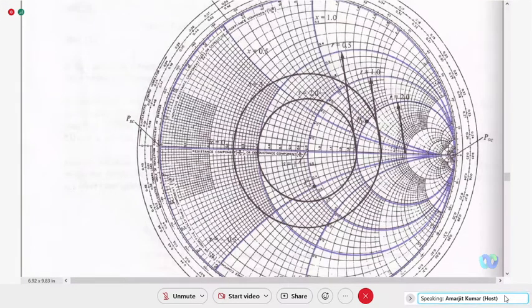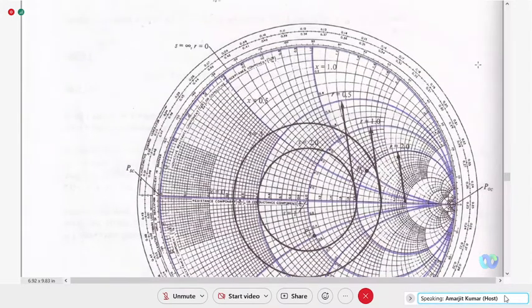A complete revolution, 360 degrees on the Smith chart, corresponds to a lambda by 2 distance on the transmission line. Can you explain this by looking at the Smith chart? What is the meaning of that?